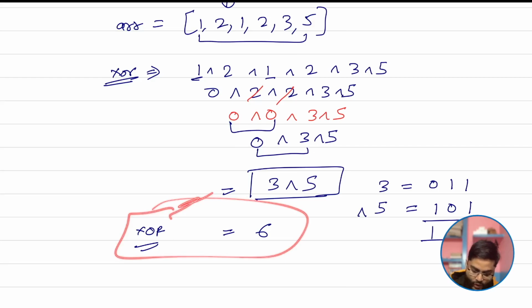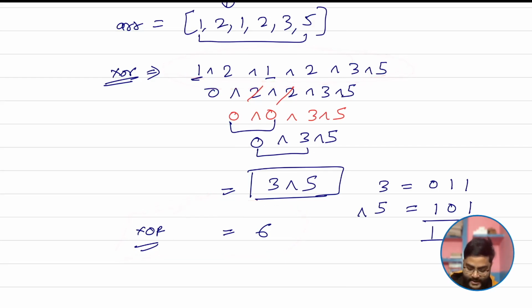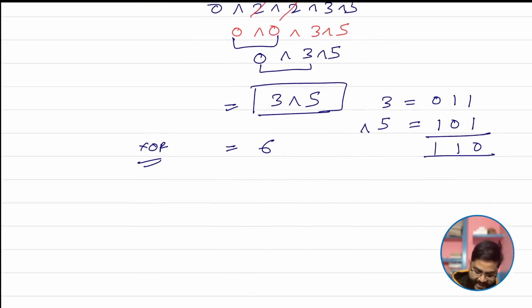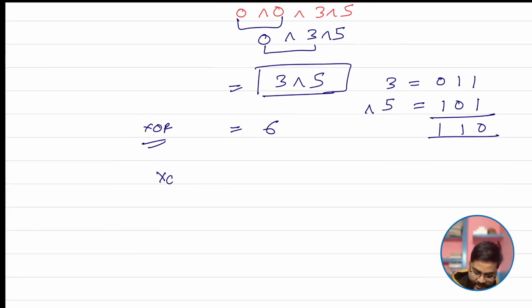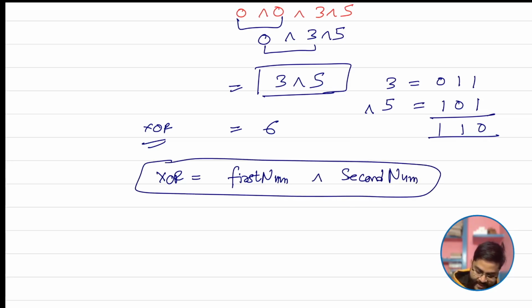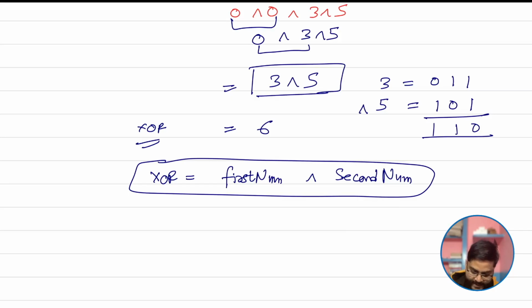The XOR of all these numbers will be the XOR of these two non-repeating numbers itself, because all other numbers cancel out each other. So my XOR is nothing but my first number XOR second number. Please note it somewhere.